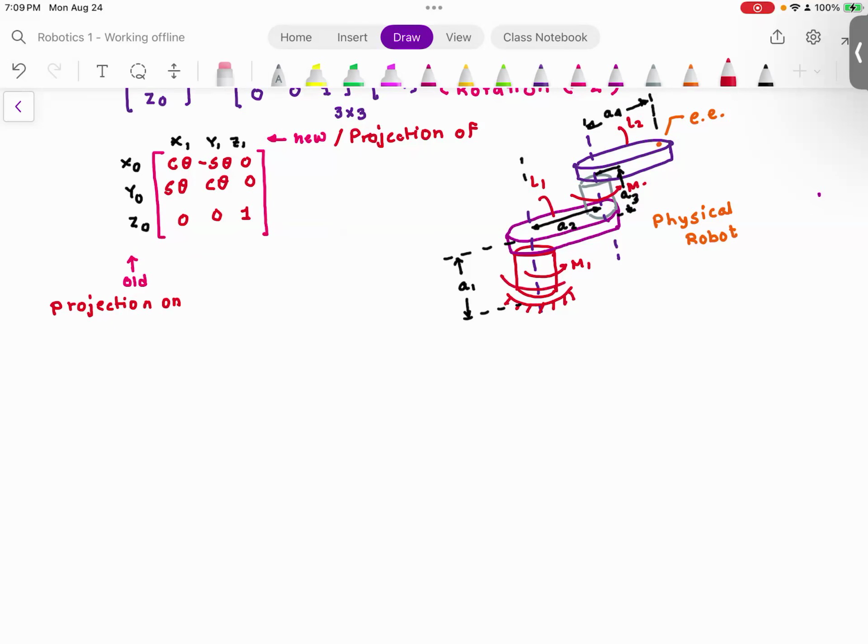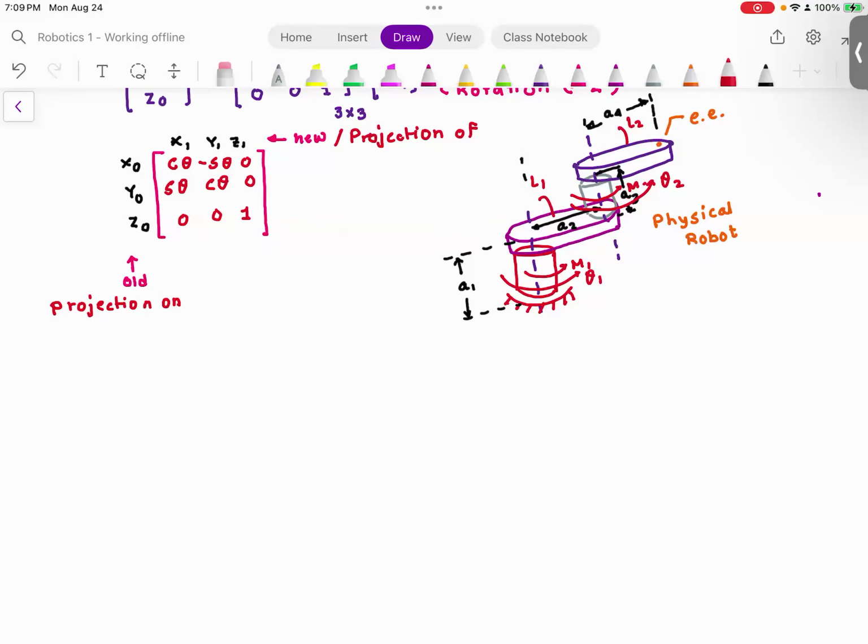So this is the first joint variable, θ1, and the second joint variable, θ2. Please note, A1, A2, A3 and A4 are fixed. They are not changing. The only things that are changing in this figure are θ1 and θ2.